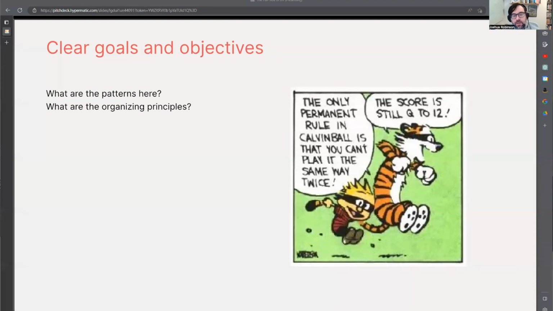What solutions are in place that you use to accomplish this goal or this task? Right? And then we take those goals and objectives back to our teams, and we come up with a common understanding of what users are trying to accomplish. We start to understand the patterns at play here, the organizing principles around what users are trying to do.